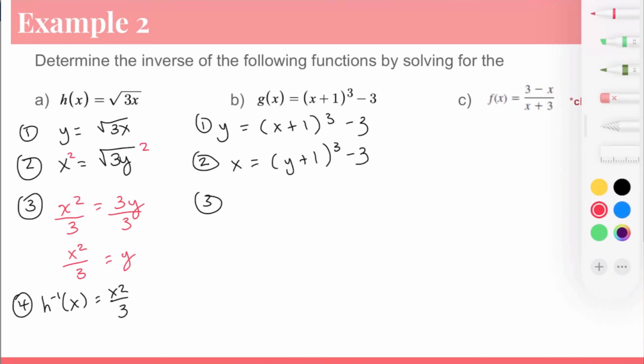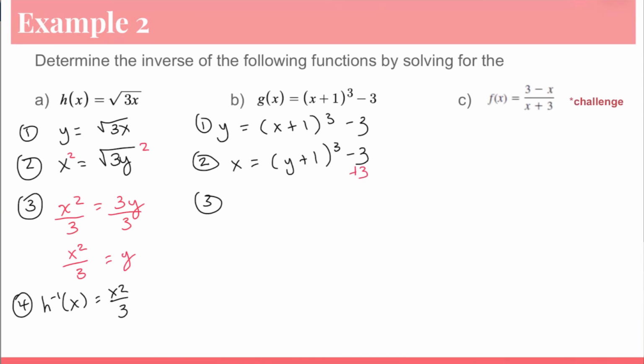So switching back to red, solve for y. Whenever you're solving a problem, you've got to kind of start from the outside in. So first I've got to get rid of this 3, trying to get y by itself. Now I need to get rid of that cube, that power of 3. How do you cancel out a power of 3?